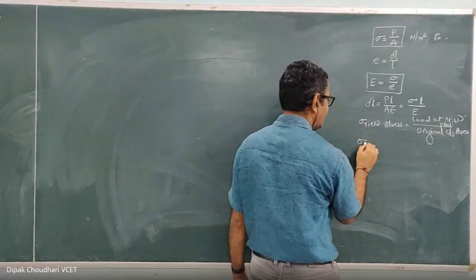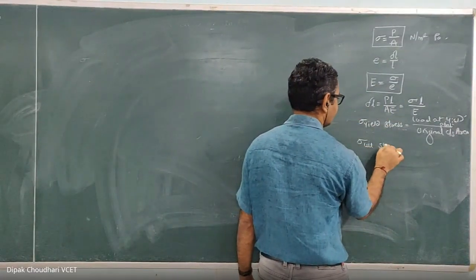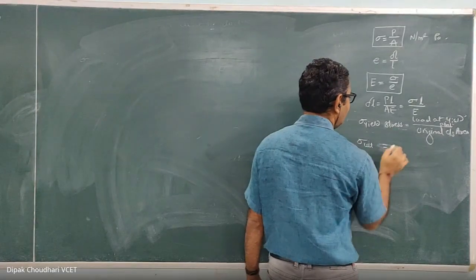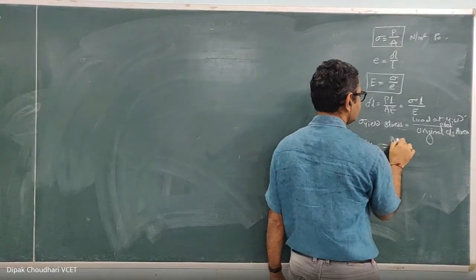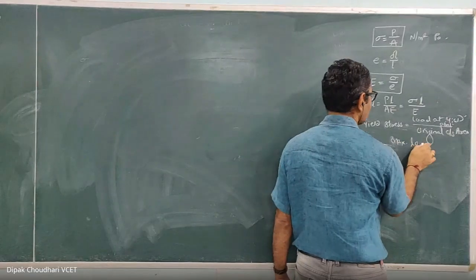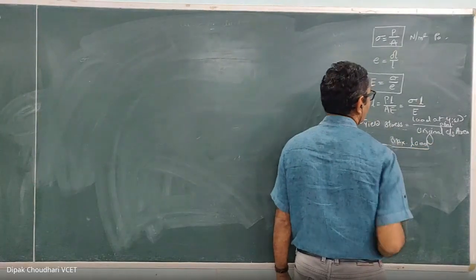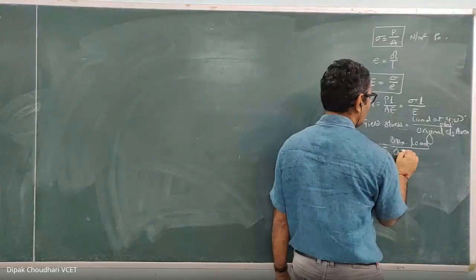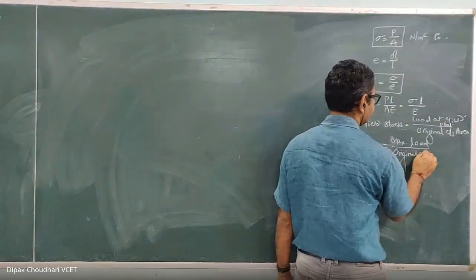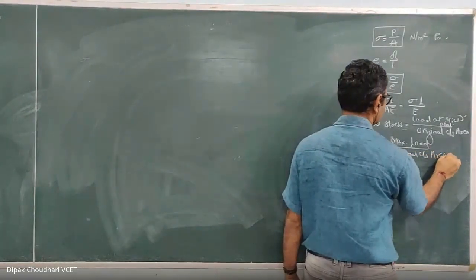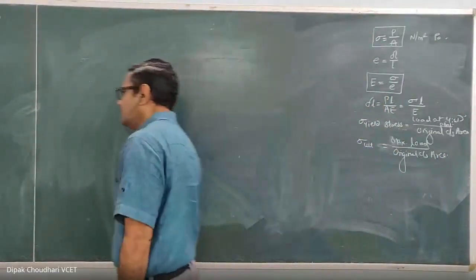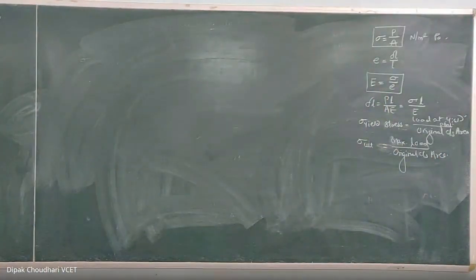Then ultimate stress. Ultimate stress equals the maximum load; it is also known as the maximum stress. It is the maximum load upon the original cross-sectional area. In this way we can calculate the yield stress and the ultimate stress.